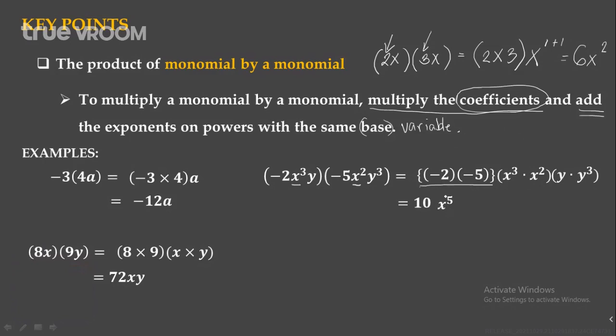How did I get x raised to 5? x raised to 3 plus 2, so that is 5. Do you understand this one? Yes. So how about for y? y raised to 4. Very good. So therefore, your answer is positive 10, x raised to the 5th power, y raised to the 4th power.